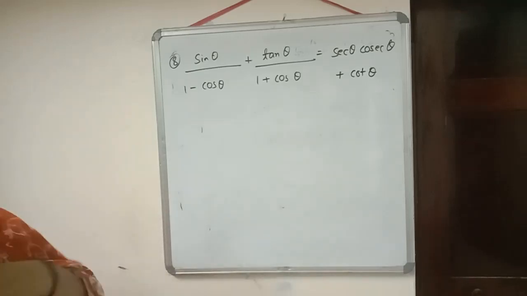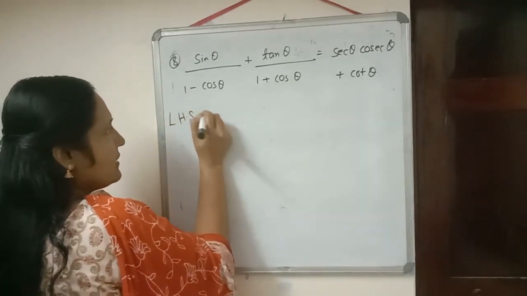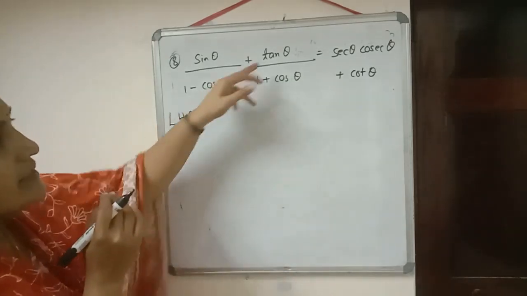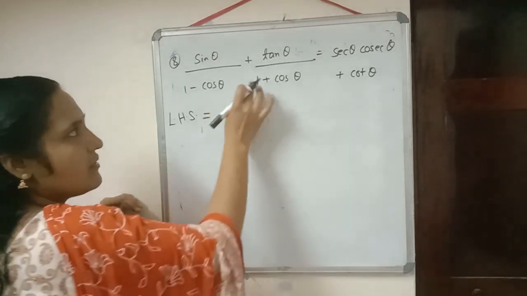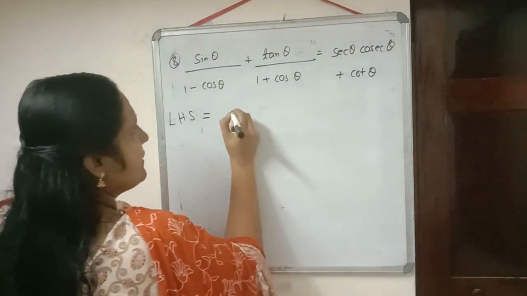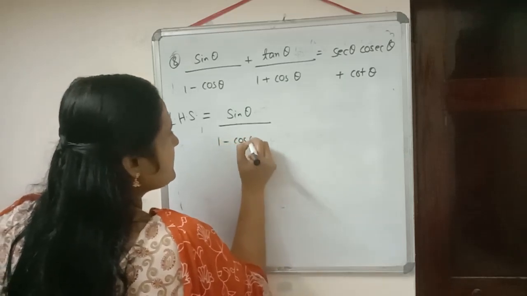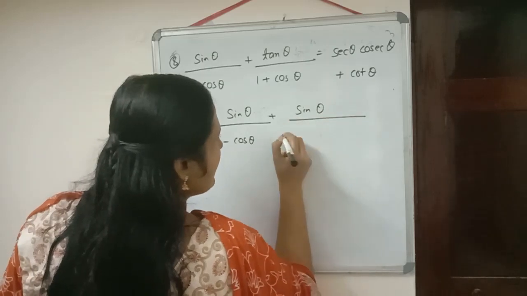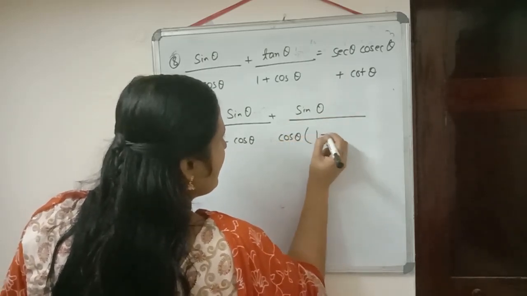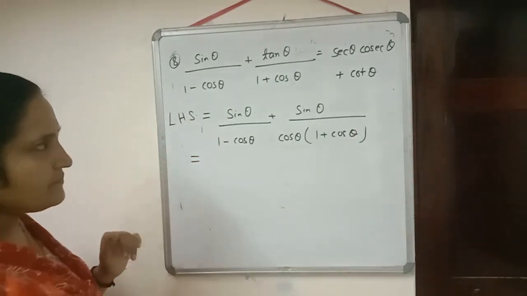So first what we can do, if any term is not in terms of sin and cos, we can change it. This tan theta can be written as sin theta by cos theta. So obviously cos will come in the denominator there. So sin theta by 1 minus cos theta plus tan theta, written as sin theta by cos theta, and 1 plus cos theta as it is in the denominator.